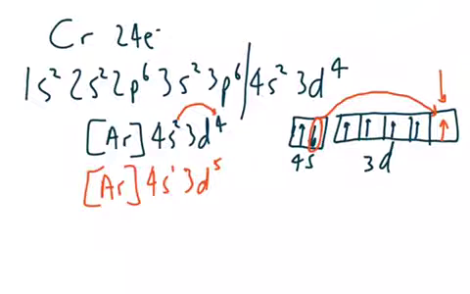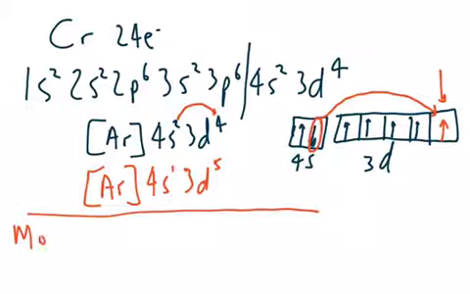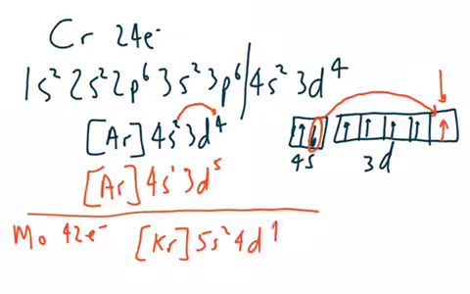Now, the same thing that I just did happens with molybdenum. If you notice, molybdenum is right underneath. Molybdenum is number 42, and the shortcut for molybdenum is krypton, okay? And then it's 5s2 4d4.